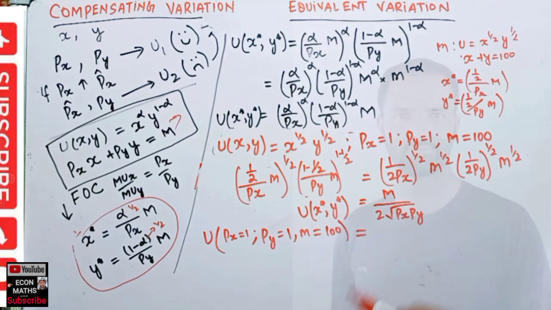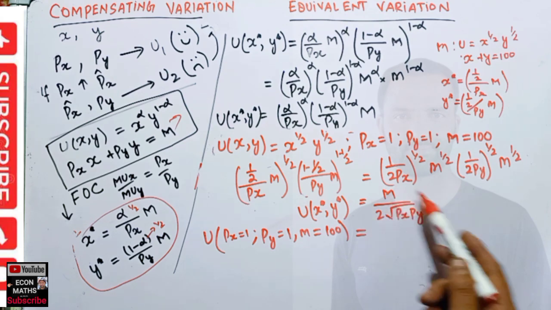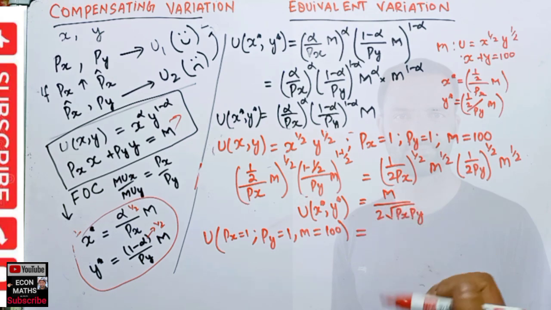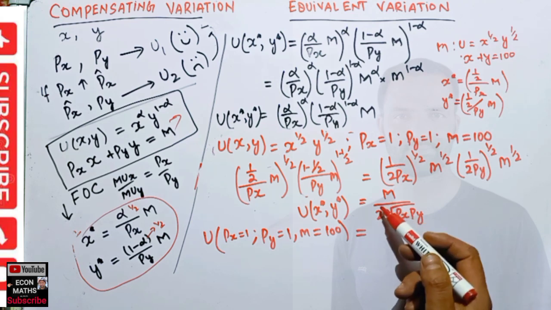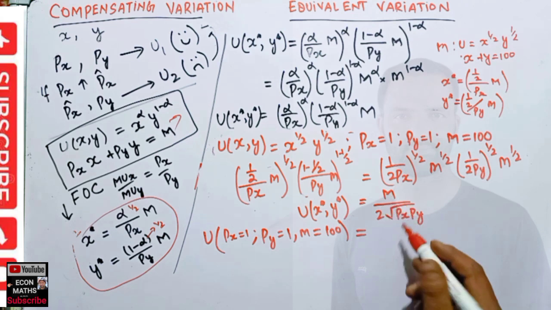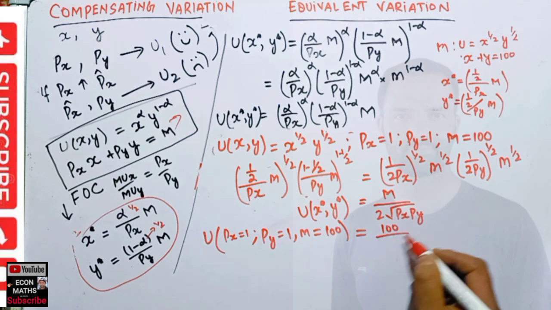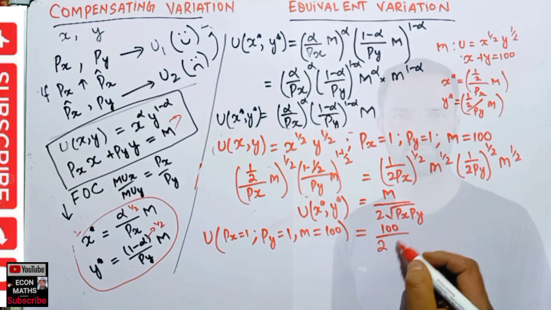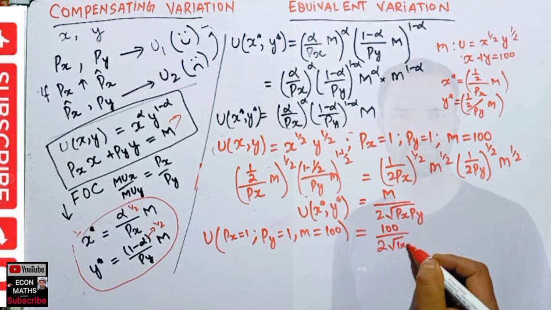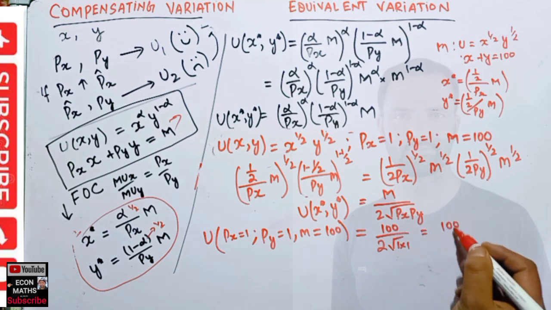We just need to plug these very values into this utility function. Actually it is the indirect utility function here. So we have 100 here, so I can write 100 upon 2, price of x is 1, price of y is 1, into 1, so it comes out to be 100 upon 2.